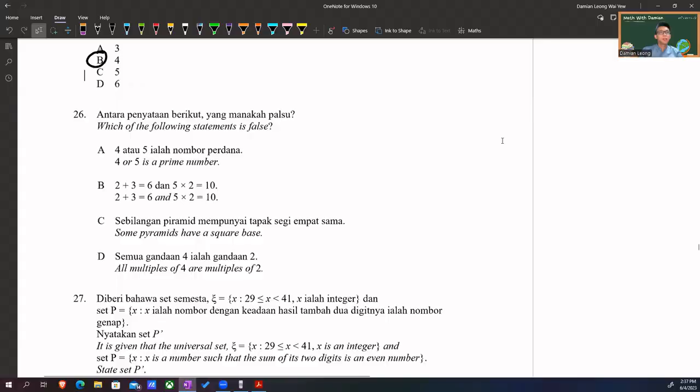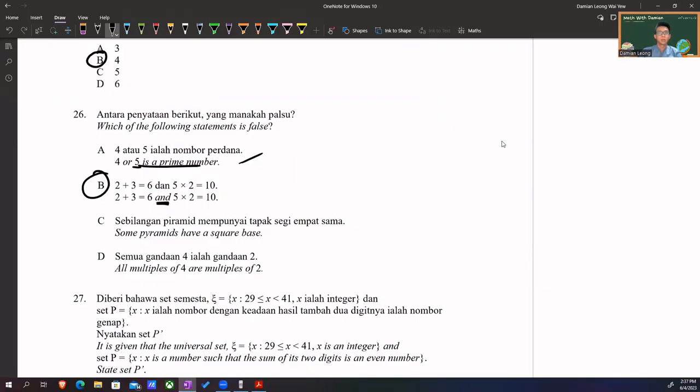Okay. Then question 26. Which of the statements is false? 4 or 5 is a prime number. This is correct because with or, if one is true the whole thing is true, and 5 is a prime number is true. 2 plus 3 equals 6 is wrong. 5 times 2 equals 10 is correct. But this is 'and', which means if one of them is false, the whole thing is false.